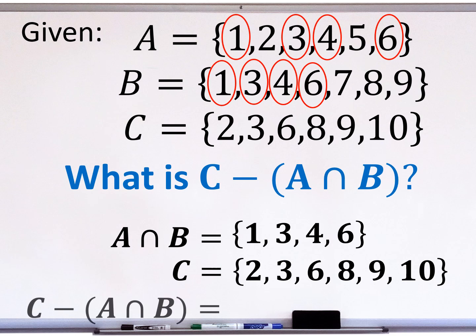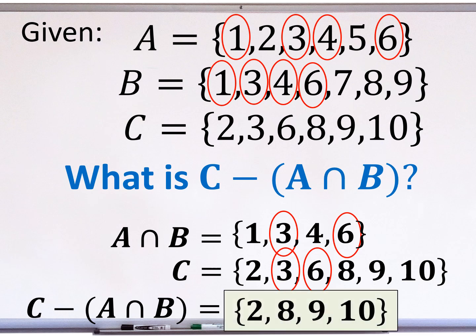So, therefore, we are going to eliminate 3 and 6. Take note, nauna po si C, therefore, aalisin lang po natin yung number 3 at saka number 6. And so, yung nauna pong letter C, that will be our focus on this problem. So, ang natira na lang po sa set C are the numbers 2, 8, 9, and 10. Because C minus the intersection of A and B, ang sagot po dyan is 2, 8, 9, and 10.